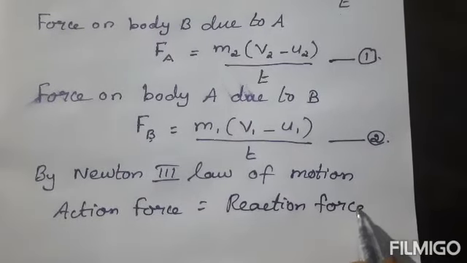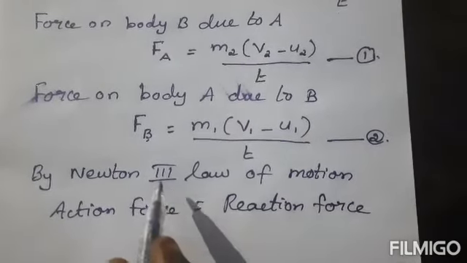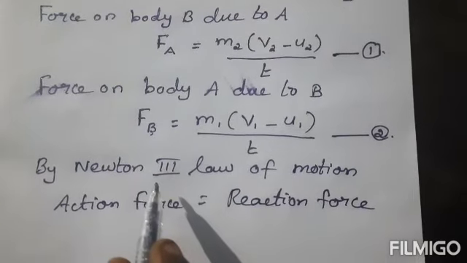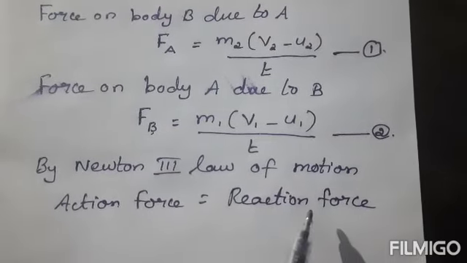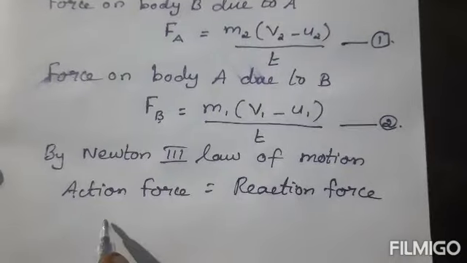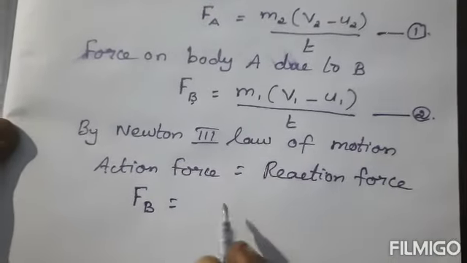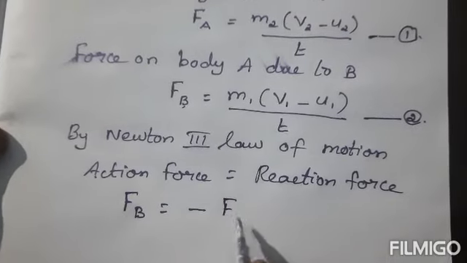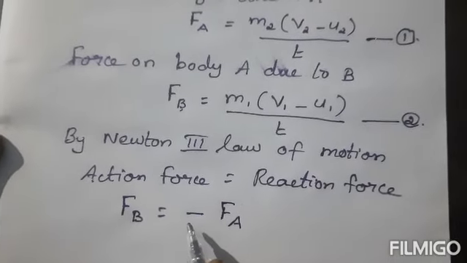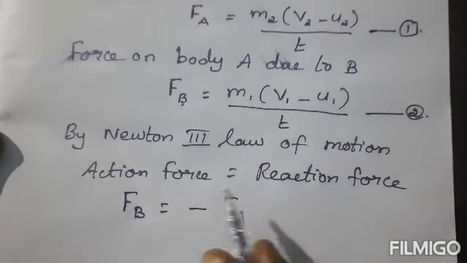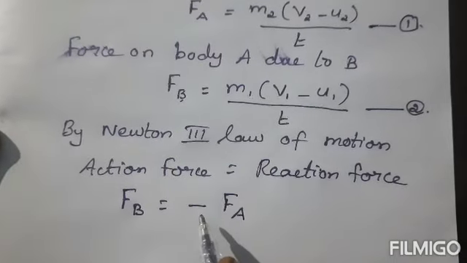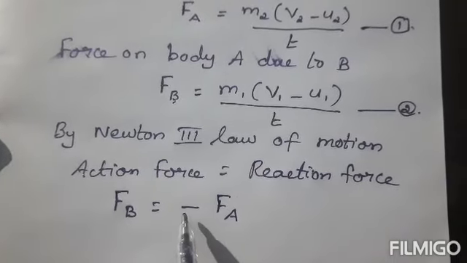Newton's third law states that for every action there is an equal and opposite reaction. So here Fb equals minus Fa. Why the minus? Because for every action there is an opposite reaction, and the reaction is everywhere opposite. So we take minus here.